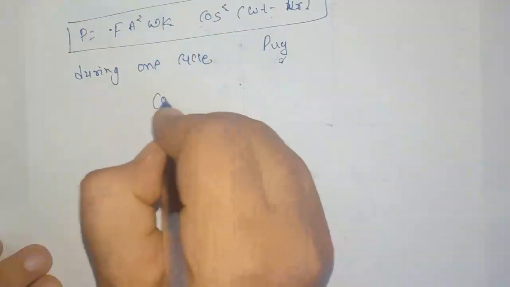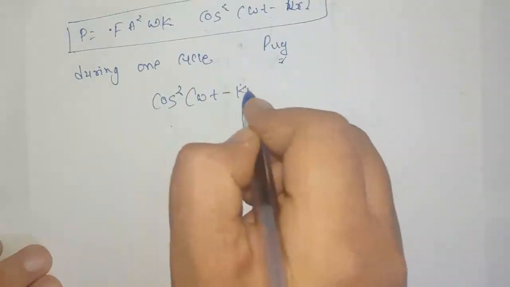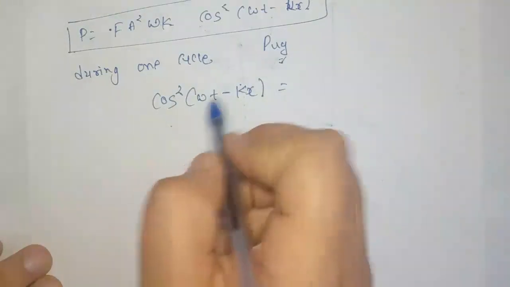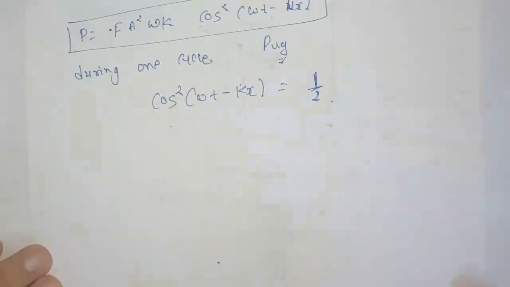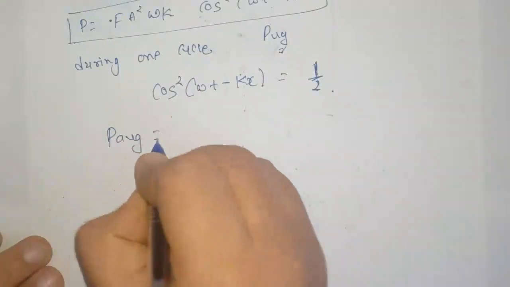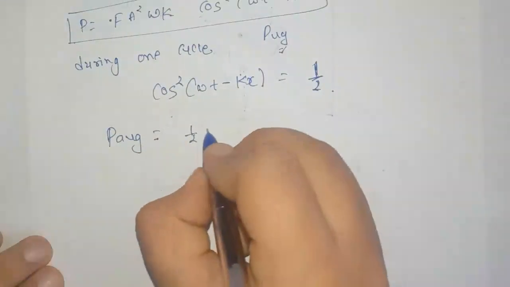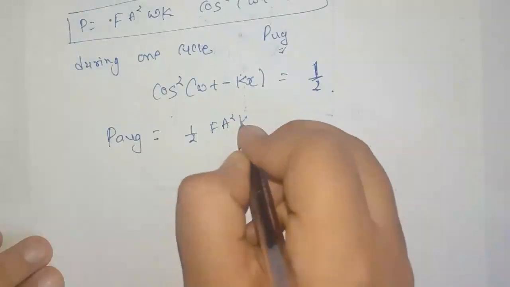We know that for any trigonometric function's square, the average value will be 1 by 2. So the P average will be equal to half into F a square k omega.